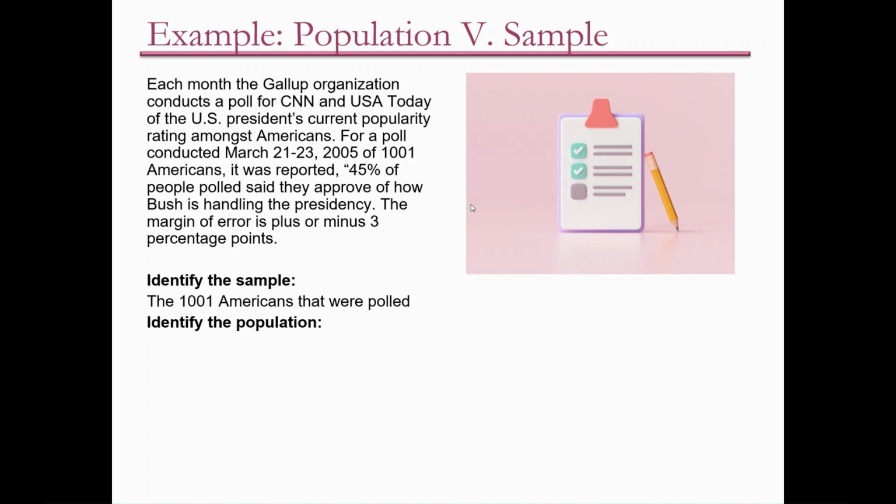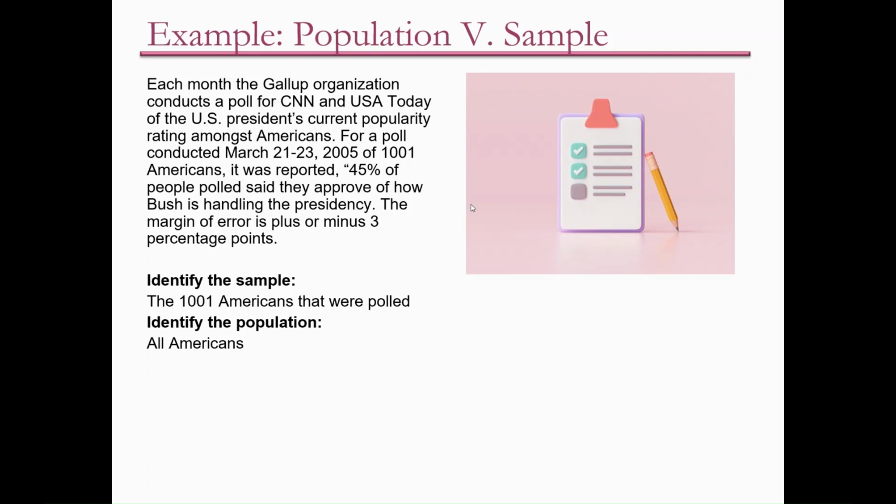Now, for the population, the hope is, and it's not always the case, but if we're really careful, the hope is that the sample will be representative of the population. And so what we're really looking for here is the US president's current popularity rating amongst Americans. So our population is just Americans.